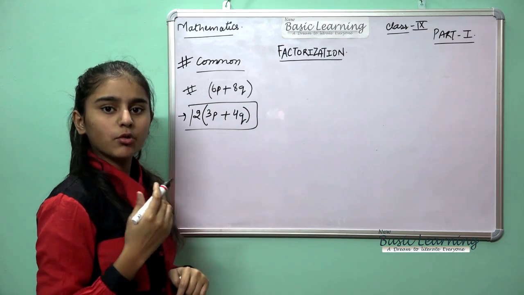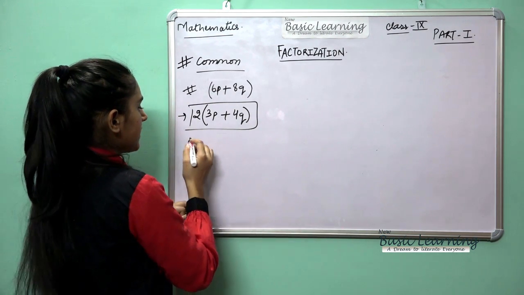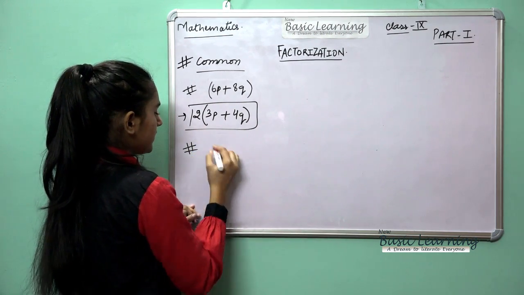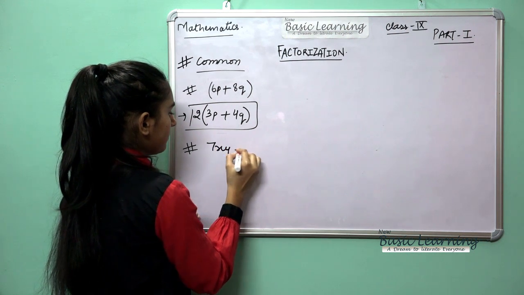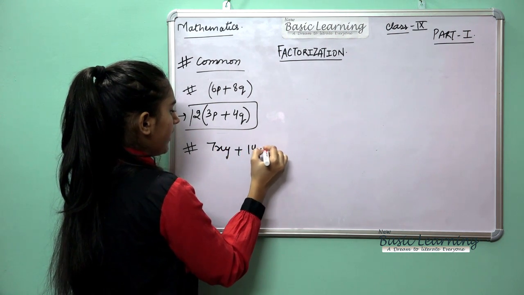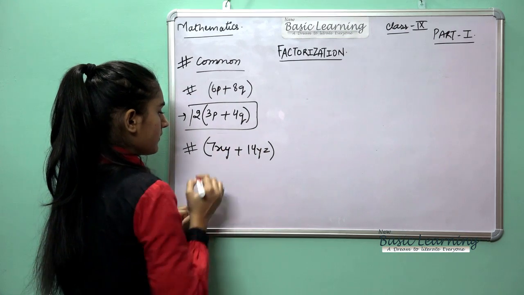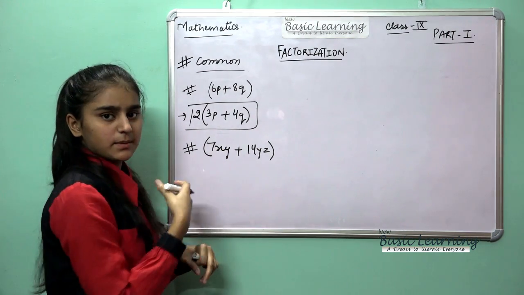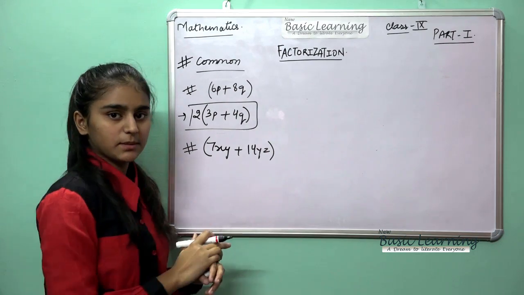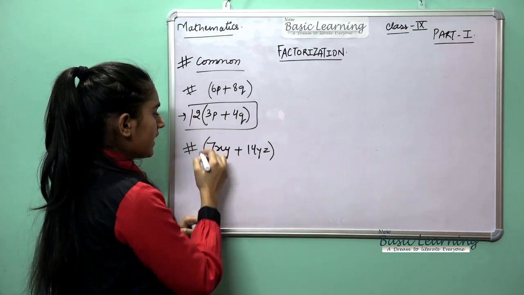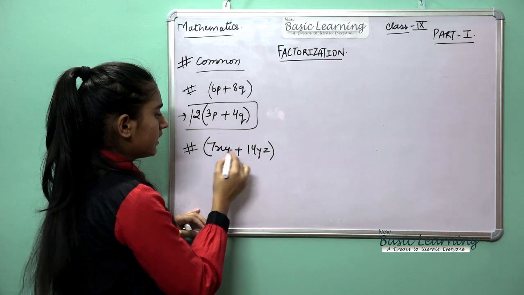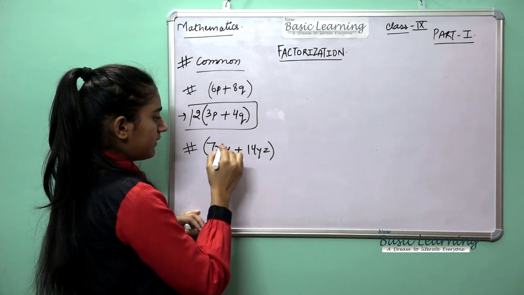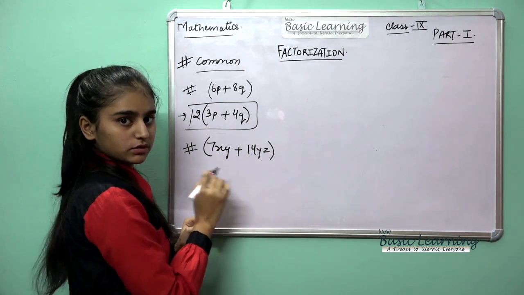So I hope you can do the common part easily. Now another example, 7xy plus 14yz. What is common in this? 7 comes in the table of 7 and 14 comes in the table of 7, so 7 is common. See the letter parts also: y is common in both.